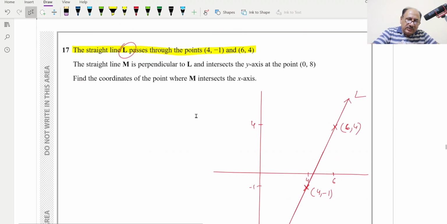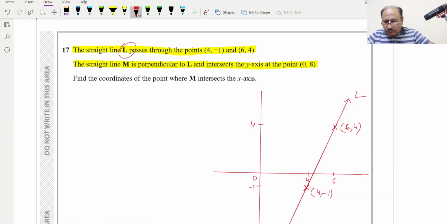Now the next part of the question is, the straight line M is perpendicular to L and intersects the y-axis at (0, 8). So we'll identify (0, 8). Origin is this one. So 8 is, say, we will just extend a little, over here. So (0, 8) will be this point.